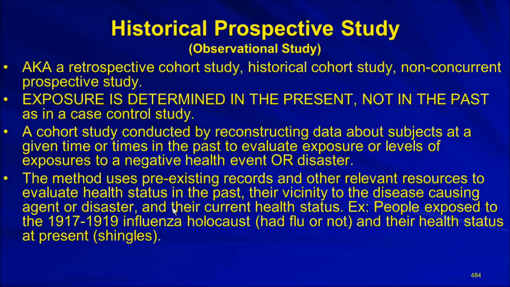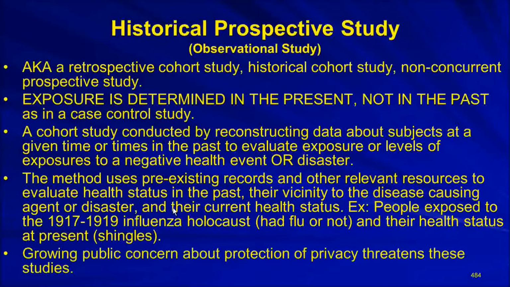So I just share that with you as a way to discern and distinguish between a case control study and a historical prospective study. Okay? Now, these studies are done less now because of the growing concern about protection of privacy. But they tell us a lot.